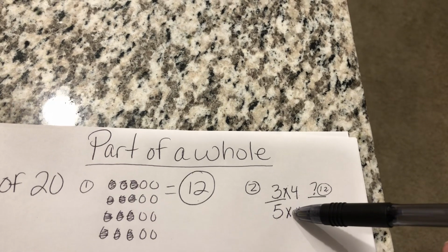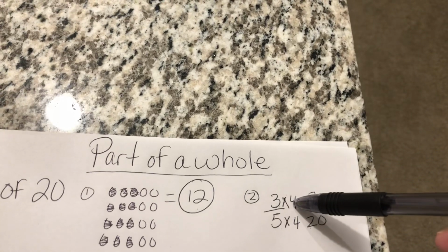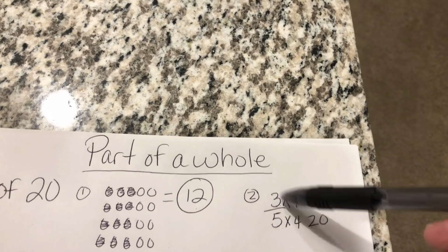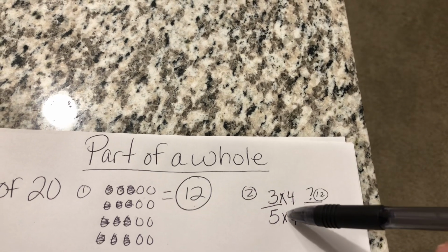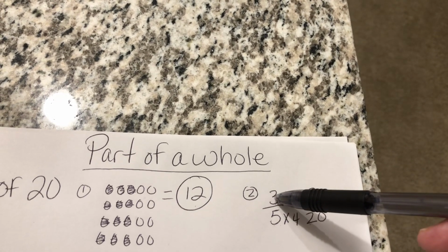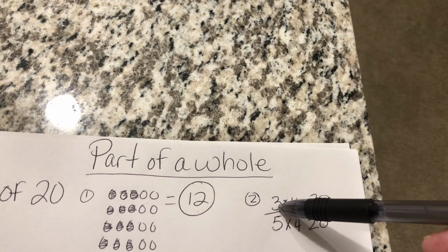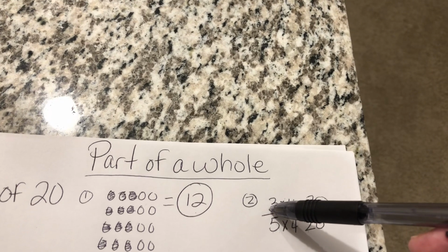Now I'm also going to multiply this 3 by 4. Why? Because each time you made a group of 5, remember, you shaded in 3. You have 4 of those groups, and each time you're shading in 3. So you shaded in 3 circles 4 times, okay?